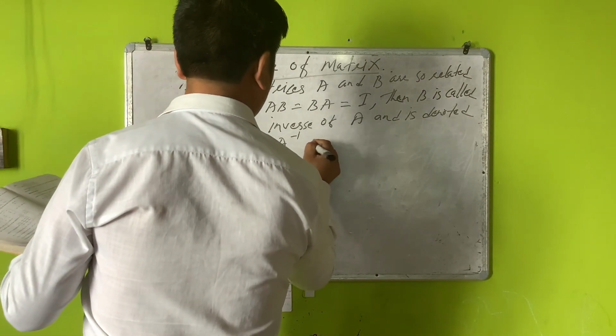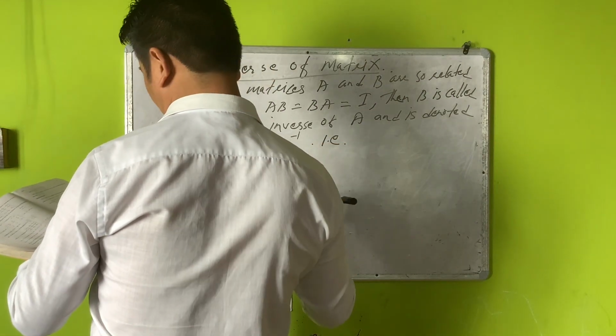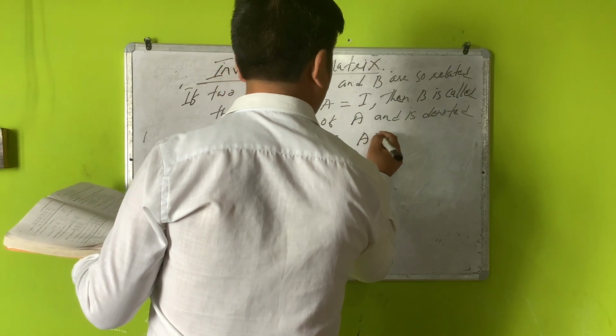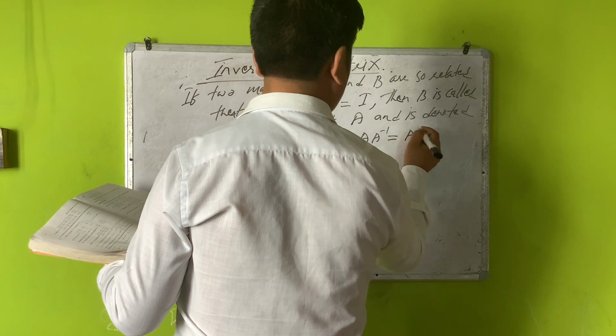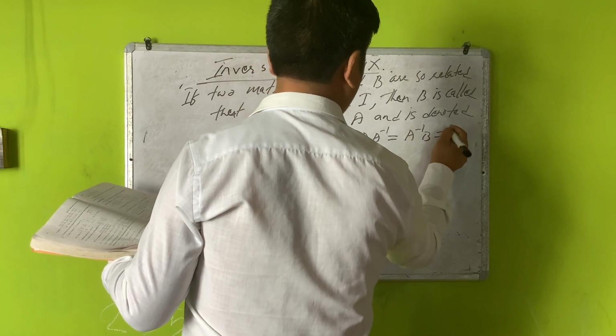So that is, A A inverse is equal to A inverse A is equal to I.